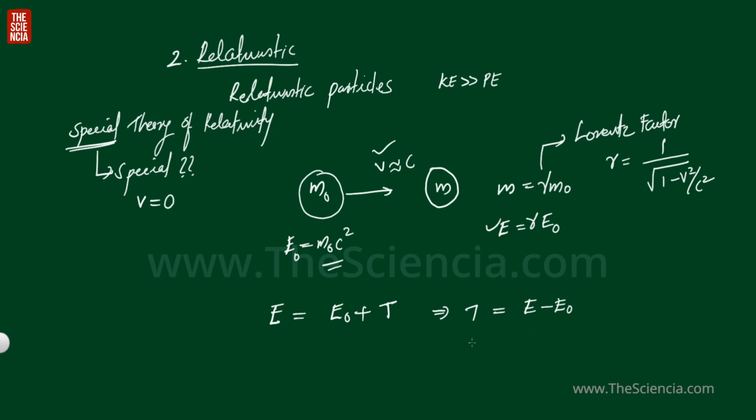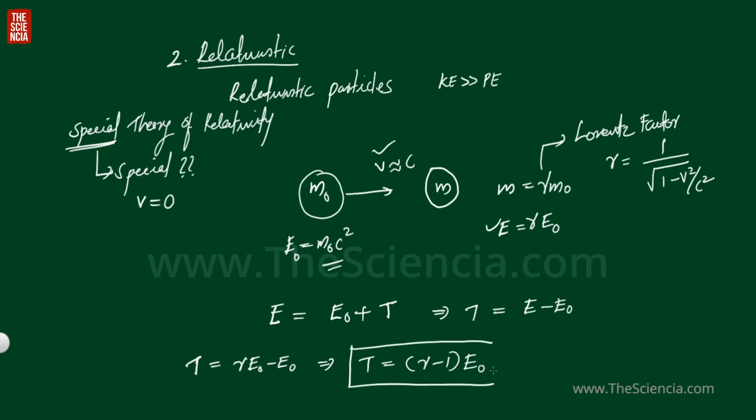So I can rewrite this as T equal to gamma E0 minus E0, that is T equal to (gamma minus 1) E0. So this will be the kinetic energy of the particle when it is moving at a velocity which is approximately equal to c, that is the velocity of light.